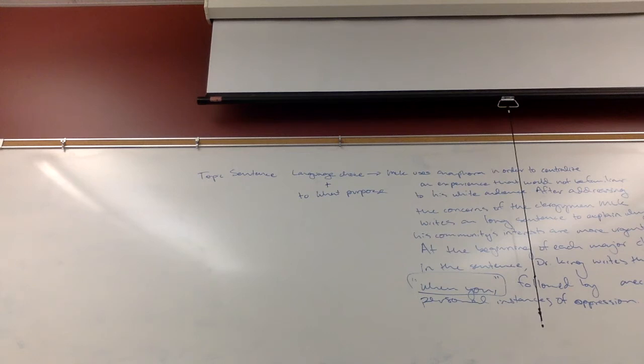Or oppressed. Okay, well, we can do it for the second sentence. I just don't want to keep saying, MLK starts, MLK says. By saying, like we said, says, and saying.